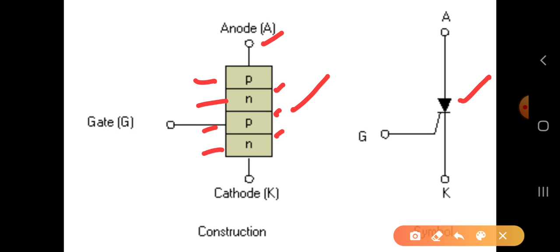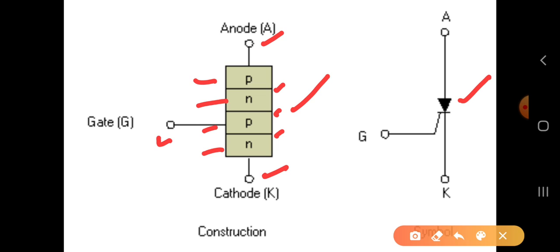That is called the anode. It is mentioned with the symbol A in the bracket, you can observe here. And at the bottom you can see there is another lead connection to the N layer, that is called the cathode. It is mentioned as K. And the third one, another connection made to a P layer, this is called the gate.